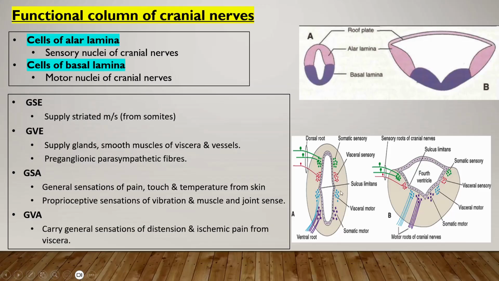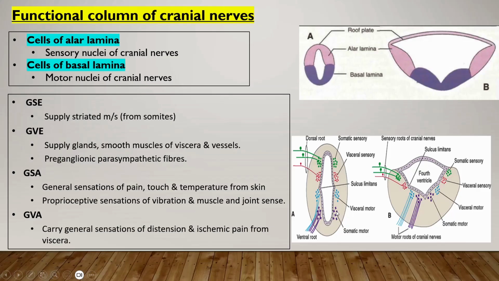Now if we see here, more closer to the sulcus limitans, there are visceral nuclei, so that we can say these are visceral efferent and these are visceral afferent. And away from the sulcus limitans, nuclei are somatic, so we can call that somatic afferent and somatic efferent.